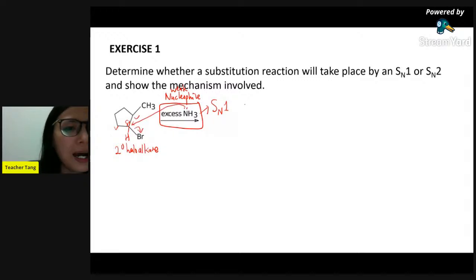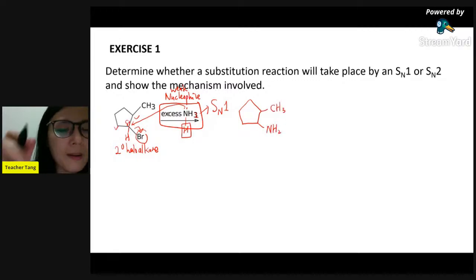So you get this. The Br leaving will take one of the hydrogens. So you get NH2, CH3. Remember, this is SN1.